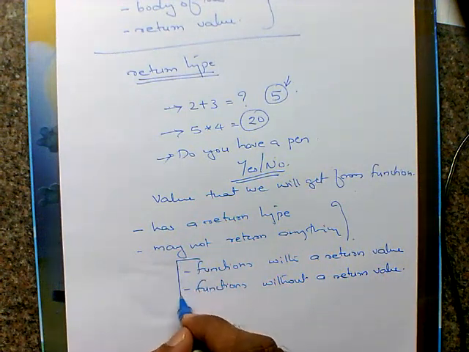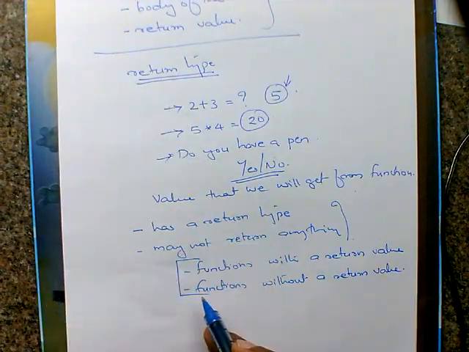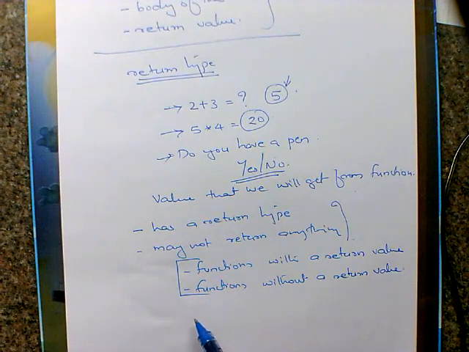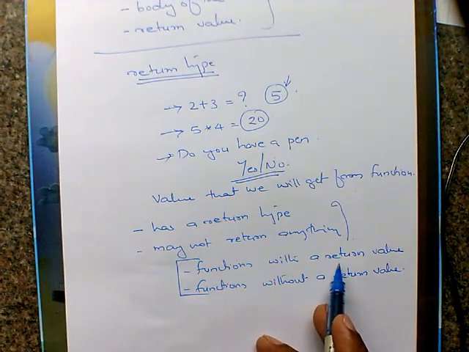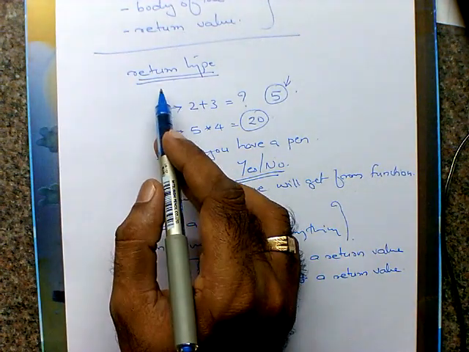These are the 2 categories of functions, based on the return type. If it returns a value, we call it a function with a return value, and if it is not returning anything, then we call it a function without return value. So that is all about return type.